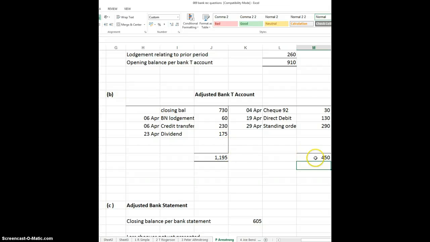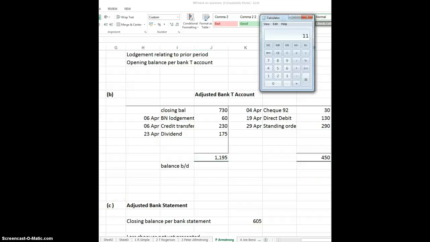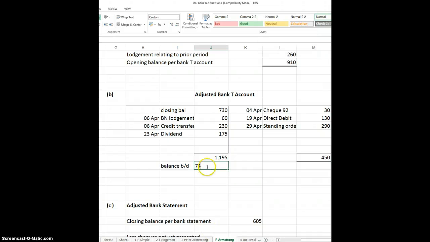The debit side is bigger than the credit, so the balance brought down comes on the bigger side underneath, and it's the difference between 1195 and 450, which is 745. So that means the adjusted balance at the end of the 30th of April, we don't have the 31st of April, the balance brought down on the bank is 745.